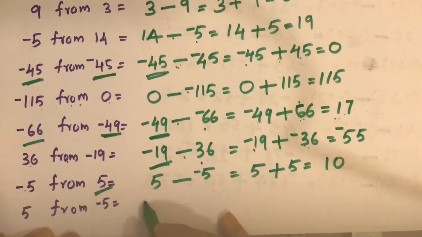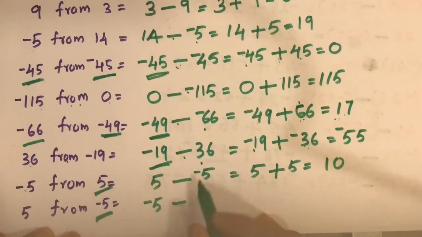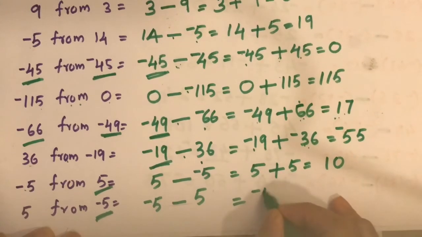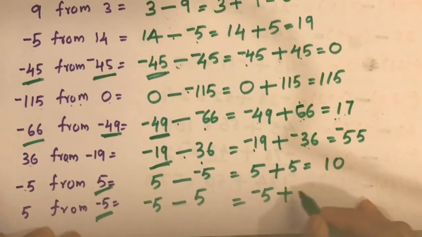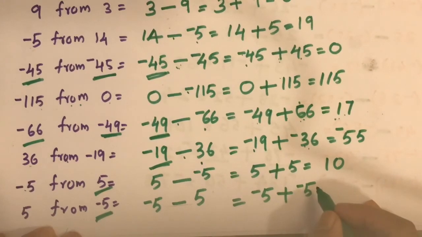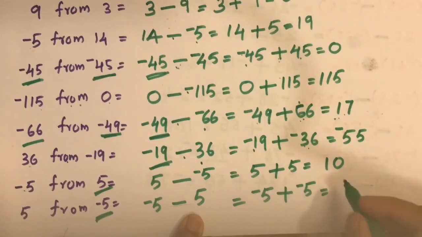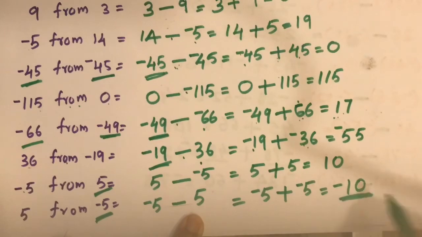Then write negative 5 first, then subtraction, then 5. Keep the first integer, change the operation, change the sign of the second integer. So negative 5 plus negative 5 is negative 10.